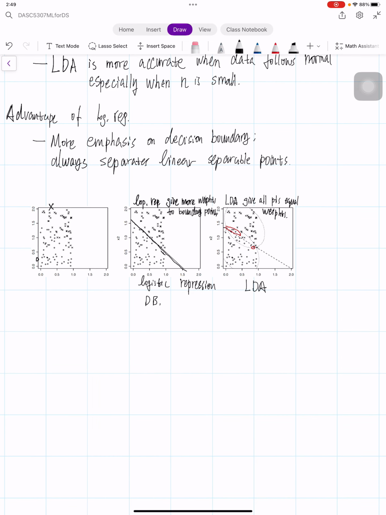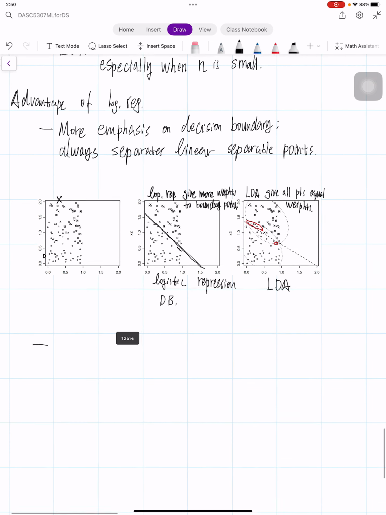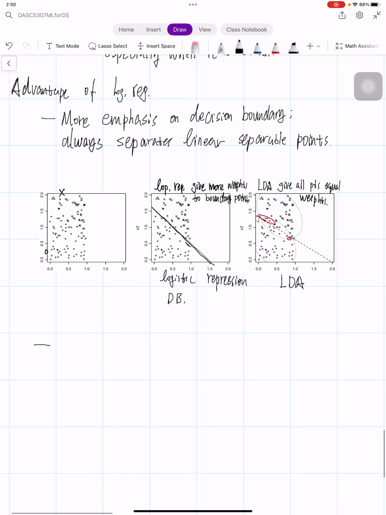There is another point that is good for logistic regression. It's more robust. Because linear Gaussian discriminant analysis assumes the data follows a normal distribution, but if the data doesn't follow a normal distribution, logistic regression may be preferred.